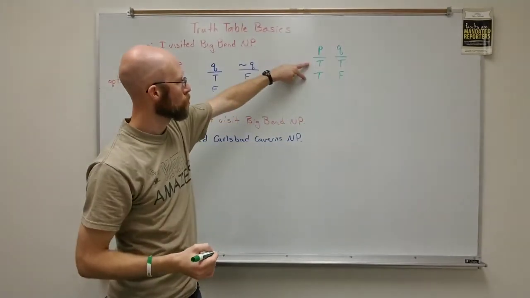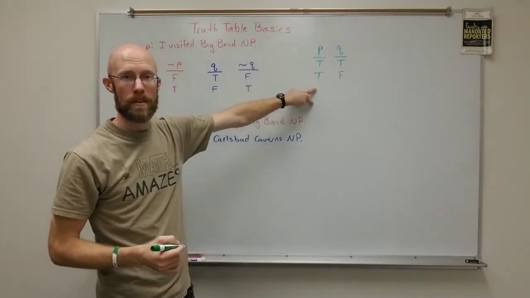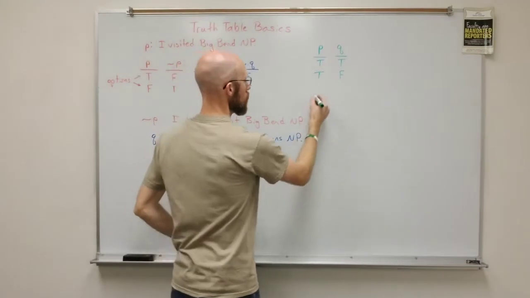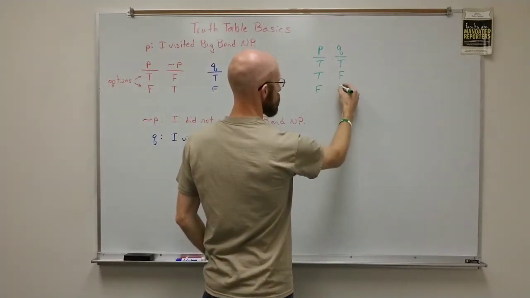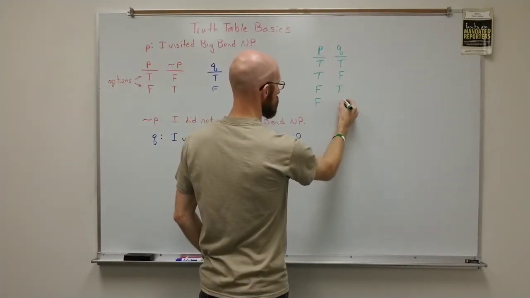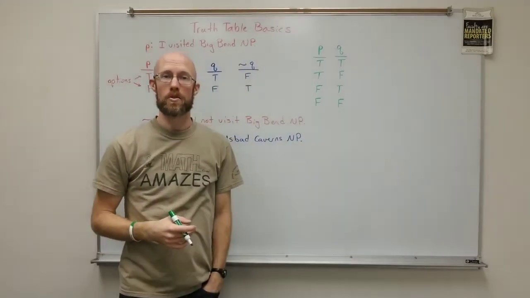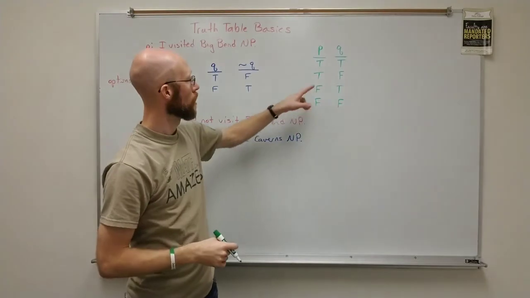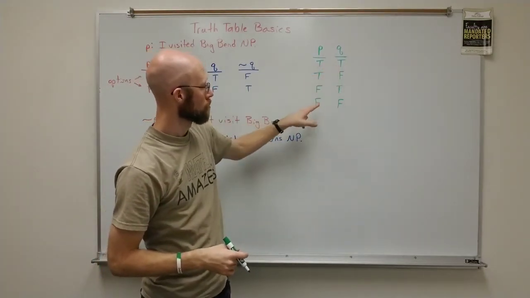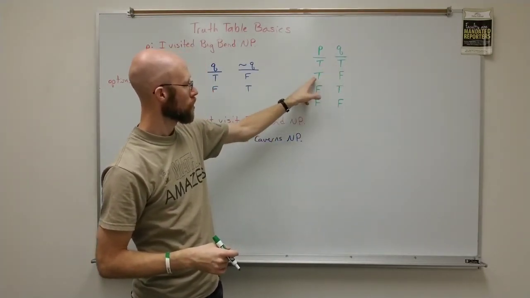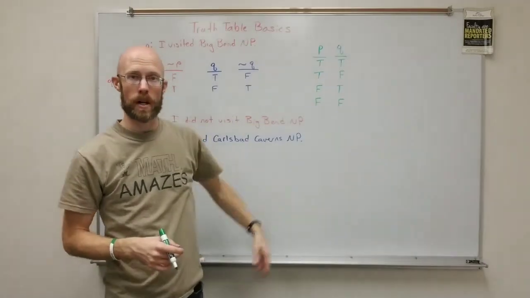What happens if P is false? I'm going to have two more options for Q. If P is false, Q could be true, and if P is false, Q could be false. These are the 4 different combinations that we can have. We can have both of them true, both of them false, or one of them true and the other false.